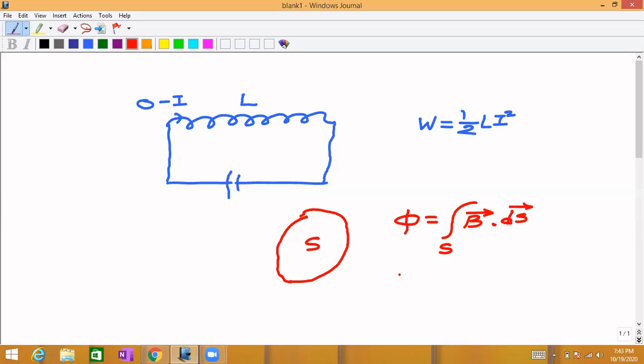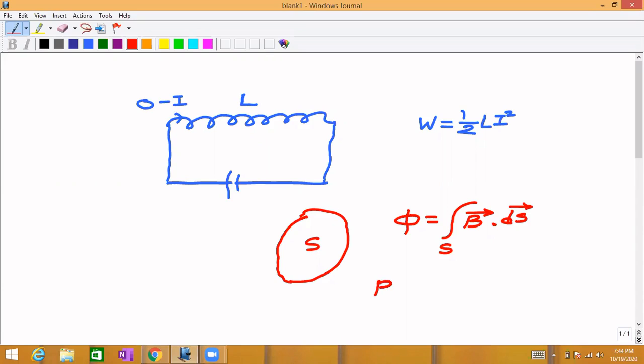Now you see, in one earlier class, I defined one quantity which is called vector potential. What is the relation between vector potential and magnetic field?